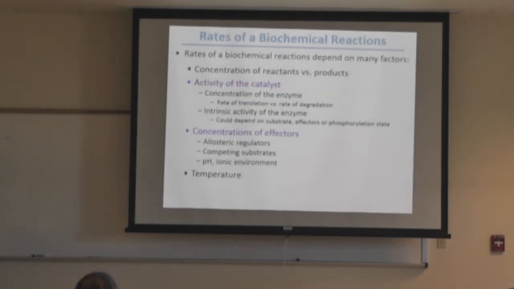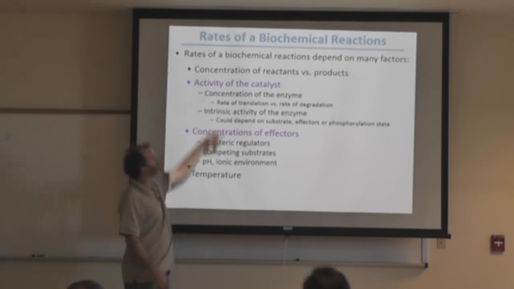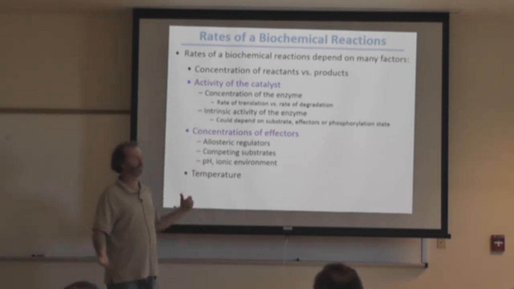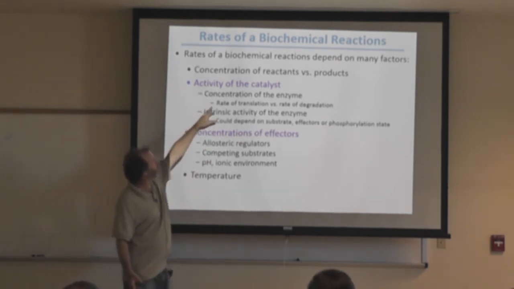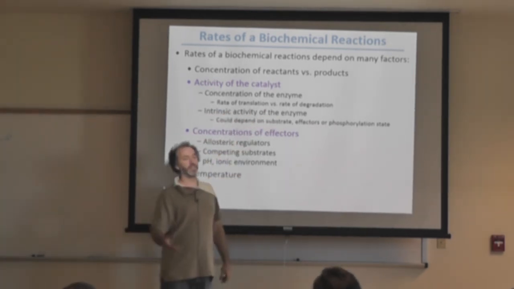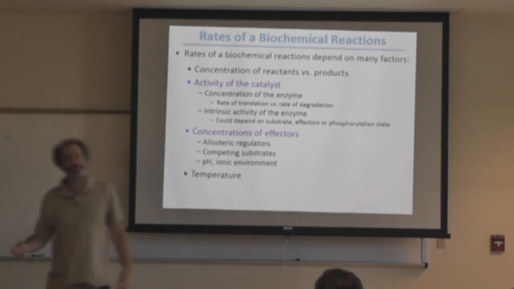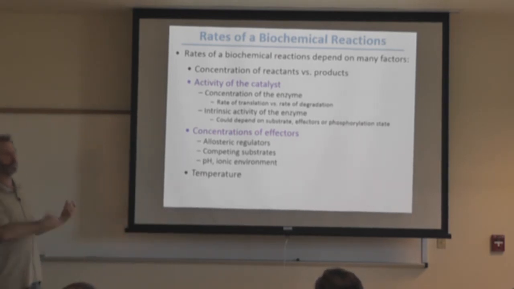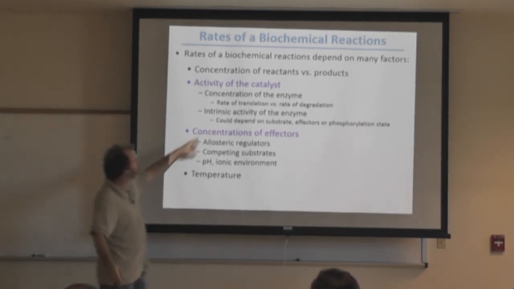So rates, this is what you were asking about. Rates of biochemical reactions depend on many factors: concentration of the reactants and products in the tissue, activity of the catalyst, concentration of the enzyme, and the rate of translation versus the rate of degradation of the enzyme. Enzymes are constantly being turned over just like all proteins, so there's the amount that's being made and the amount that's degraded.